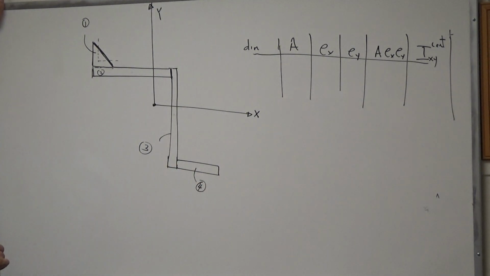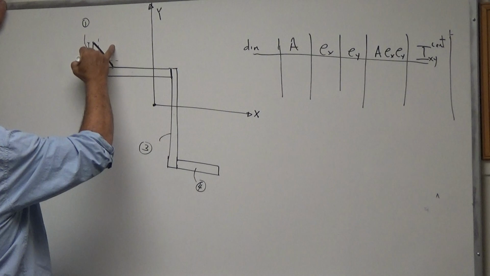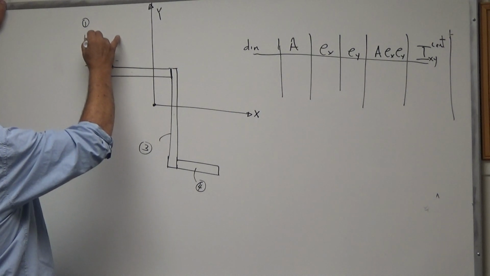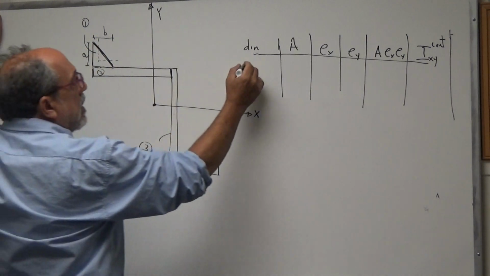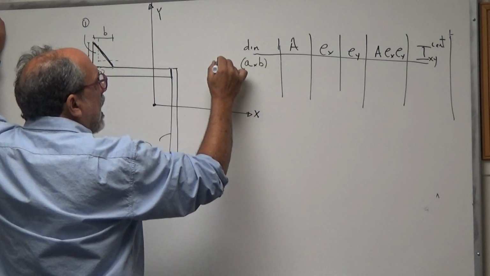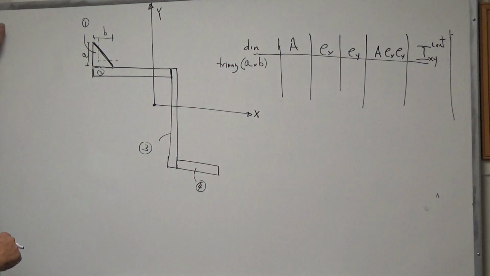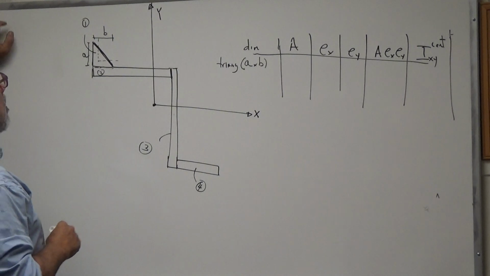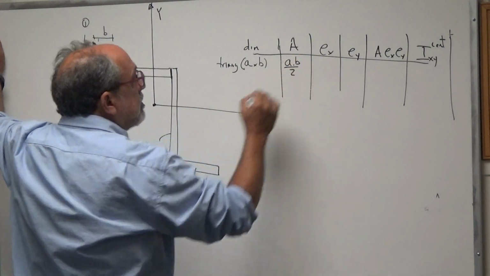Okay? So when we go to the triangle, my triangle could be A by B, right? This is just for my notation. I could say A by B, and then I can write triangle to be clear. So my area here is going to be A times B over 2, right?